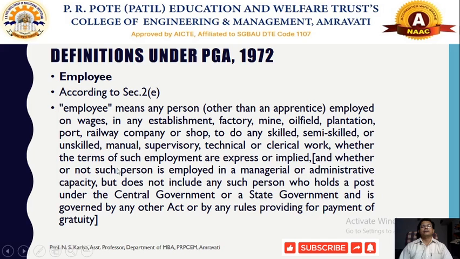And whether or not such person is employed in a managerial or administrative capacity, but it does not include any such person who falls under the central government or state government and is governed by any other act or rules providing for payment of gratuity.